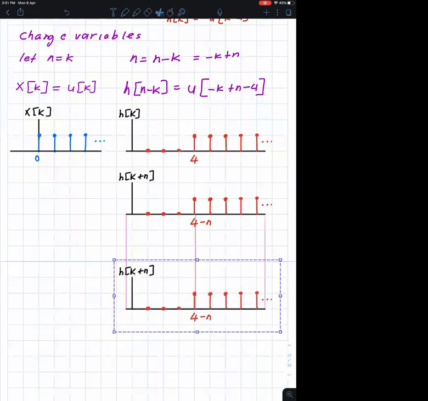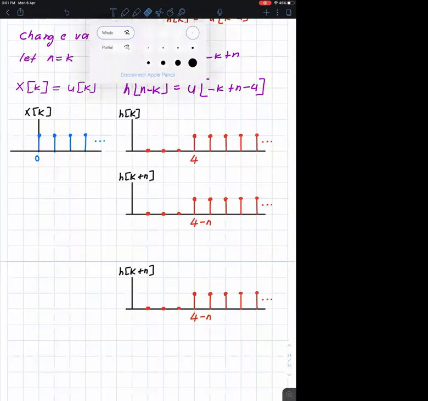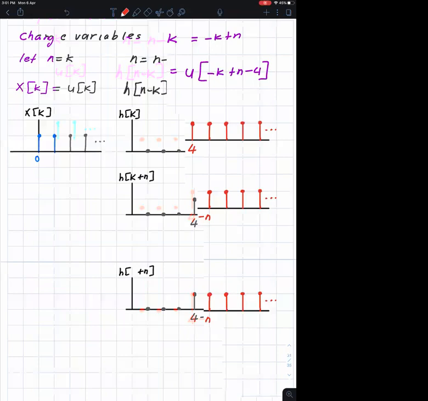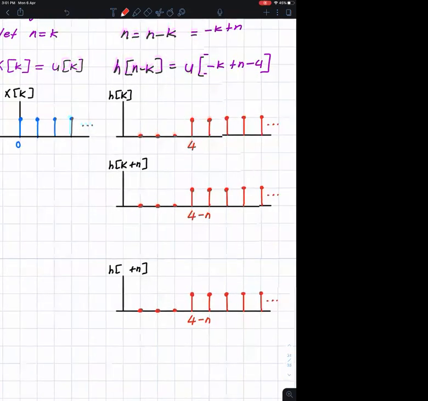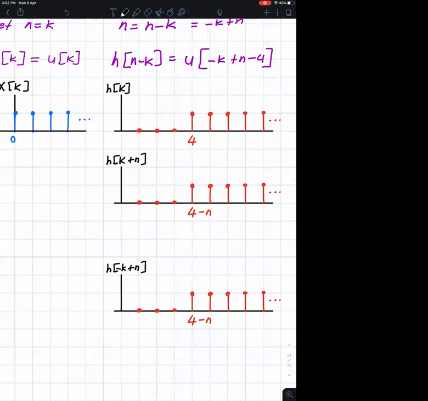So how are you going to sketch h of k? How about if I change the plus k to minus k? What's going to happen here?